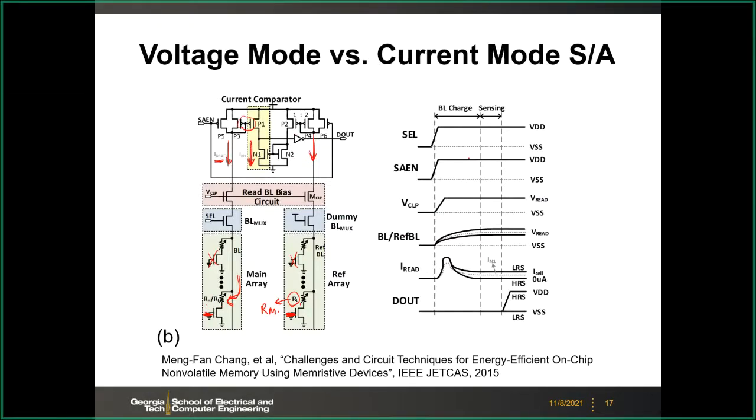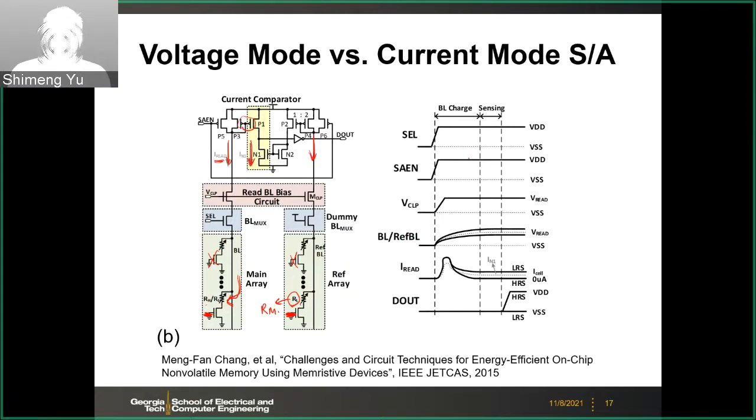And actually here, this is a trick. If you cannot get the resistance in the middle, for example, in MRAM you only have two states, you cannot get the middle resistance. What you can do is still use the low resistance state here, but from the current mirror you can play some trick. Because here the ratio is 2 to 1, the W over L, this current will be half down to this side.